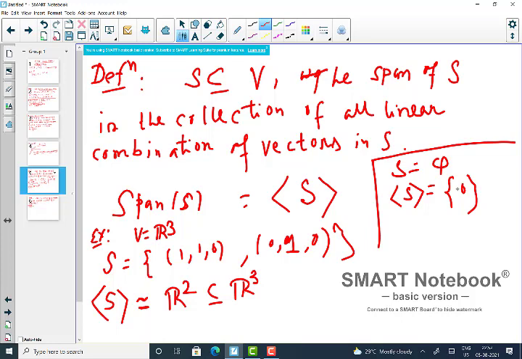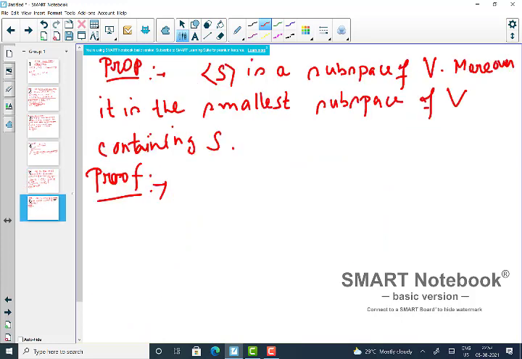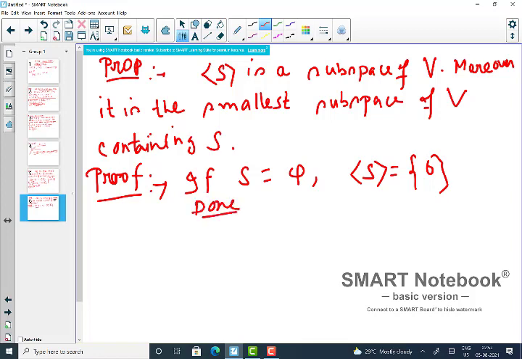The set containing only 0 is a vector space over any field, right? That is obvious. So if S is empty, then span of S equals singleton 0, and this is a subspace. So in this case, this is done. You should write it in detail.